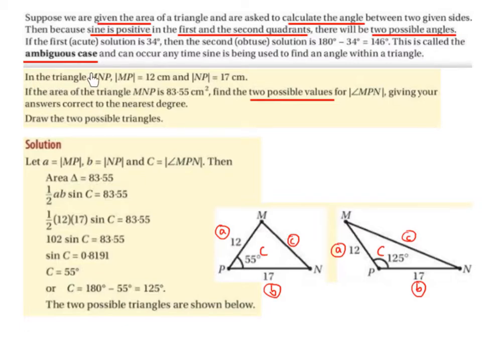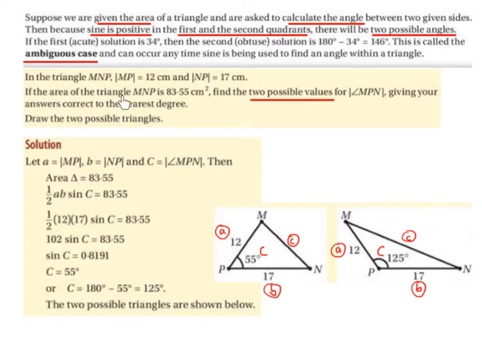In the triangle MNP, MP is 12 centimeters, NP is 17 centimeters. So these sketches would not be given to you in the question.